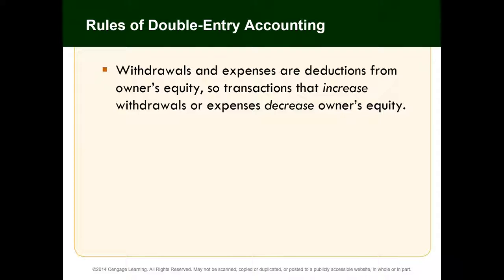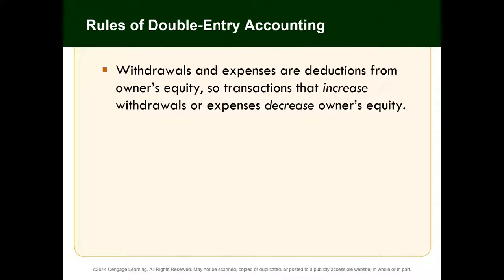Let's say that Mr. Manning is the owner of the business, and he withdrew $600. Another transaction, a withdrawal. So what are the two parts of this transaction? Yes, withdrawal and cash.